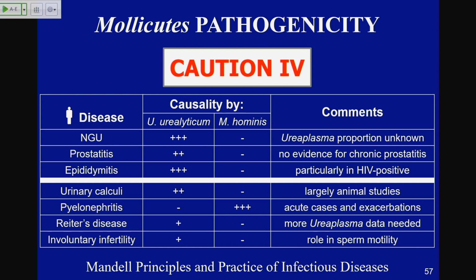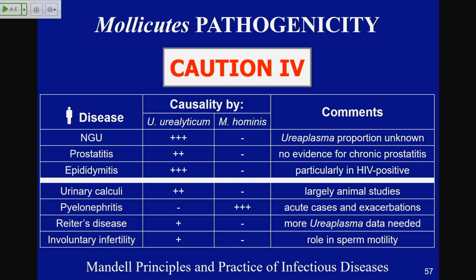All right, molecules. So taxonomic tree, this is class Mollicutes, right? Class is above order, above family, yada, yada, yada, right? So here is a summary of Mandell's infectious disease textbook talking about male genital disease. And yes, Ureaplasma urealyticum can cause non-gonococcal urethritis, but the proportion of ureaplasmas causing that infection is unknown.